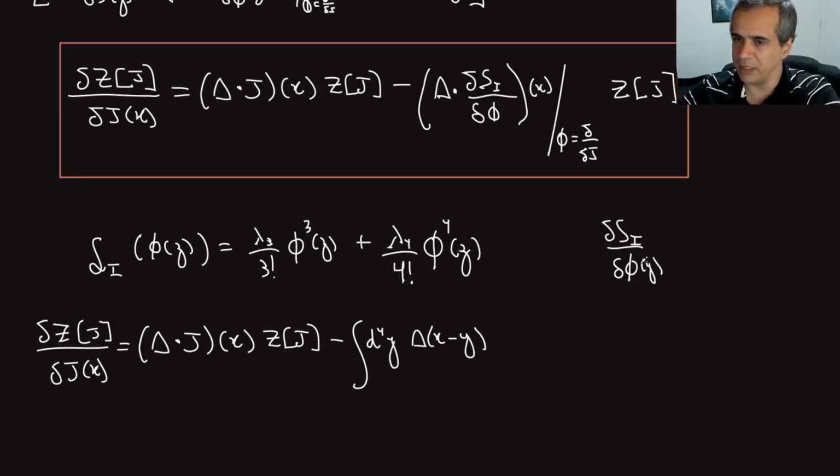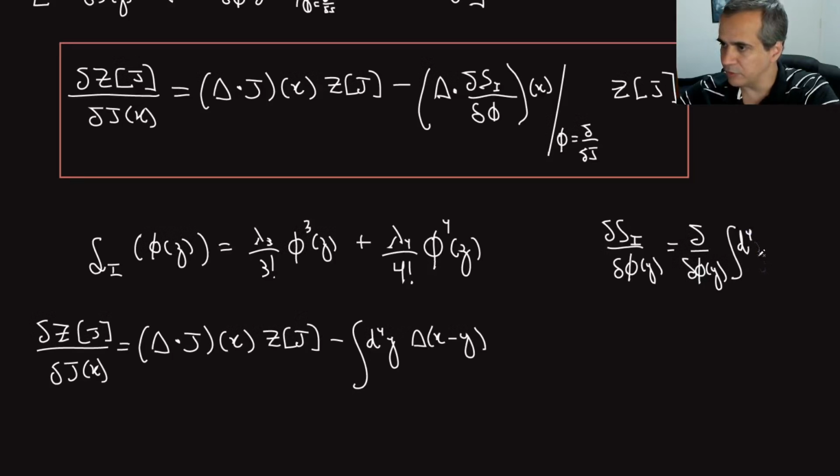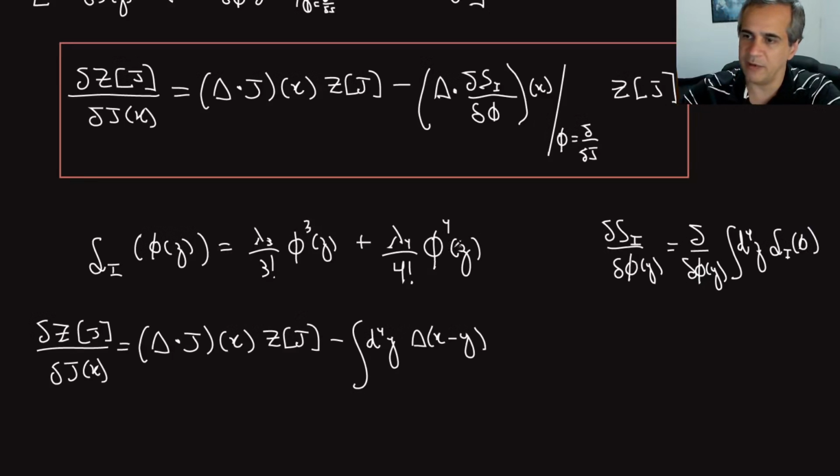The way to obtain this is to make a del over del phi of y acting on the integral of the Lagrangian, d^4 z of the interacting Lagrangian. So this derivative in phi goes in there and acts on these phi's. In any case, I'll always get a delta 4 of z minus y.